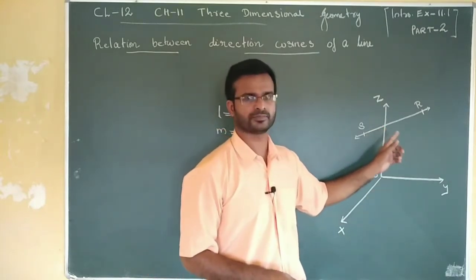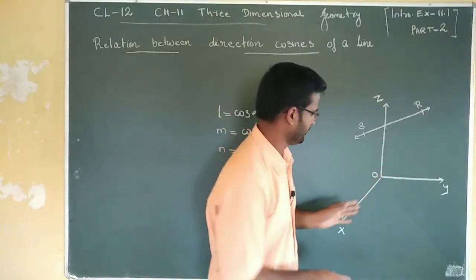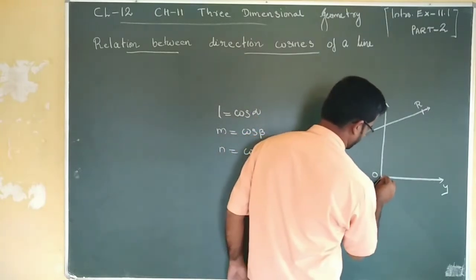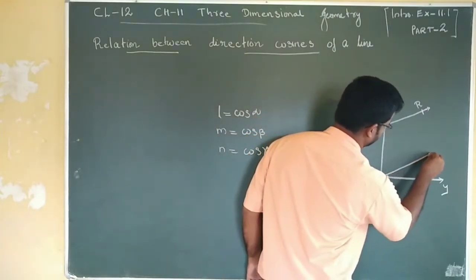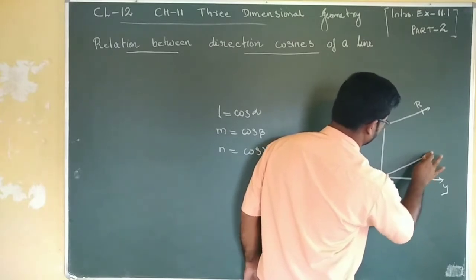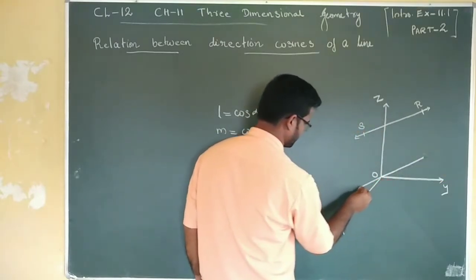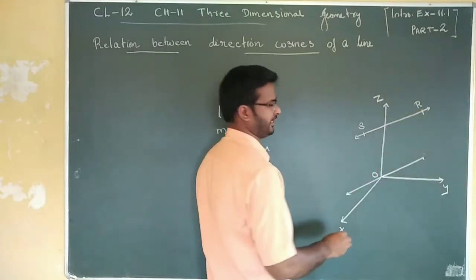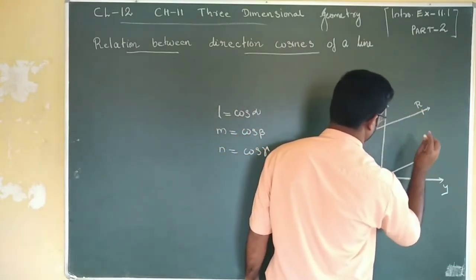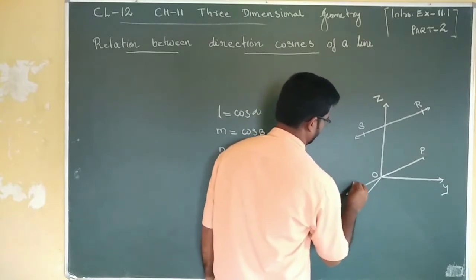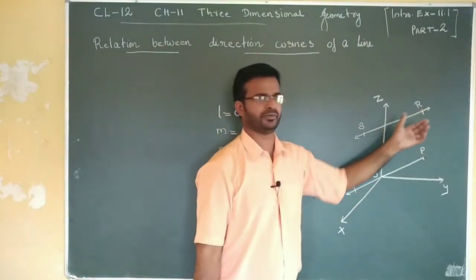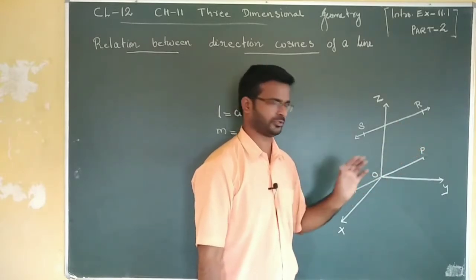So we will take one more line that passes through the origin and is parallel to the given line. Points P and Q: line PQ is parallel to the given line RS and passes through the origin.